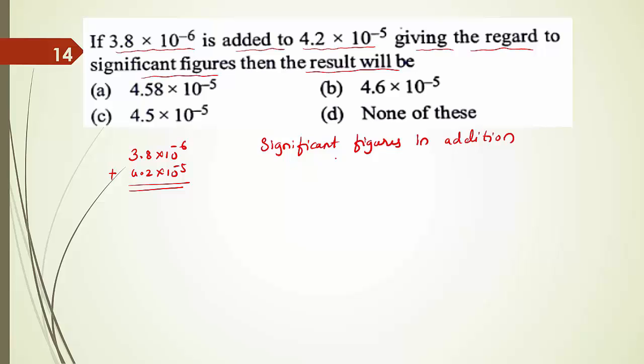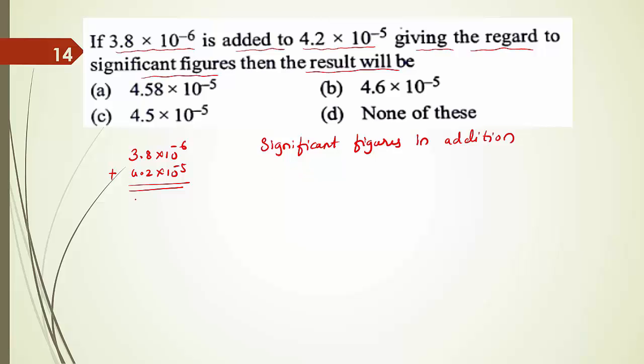Yes, we already know that for addition as well as for subtraction, the least decimal places we have to consider in the final result. See here, 3.8 into 10 raised to minus 6 and the second one is 4.2 into 10 raised to minus 5.